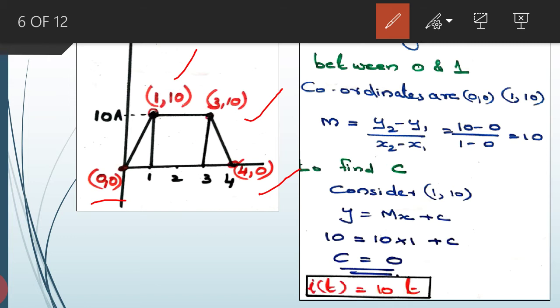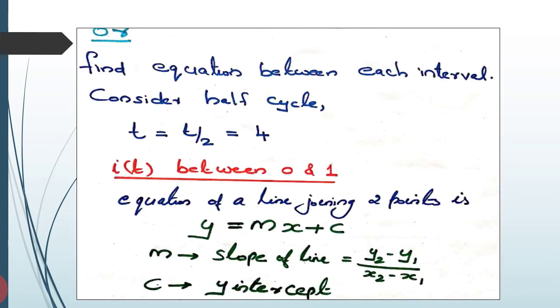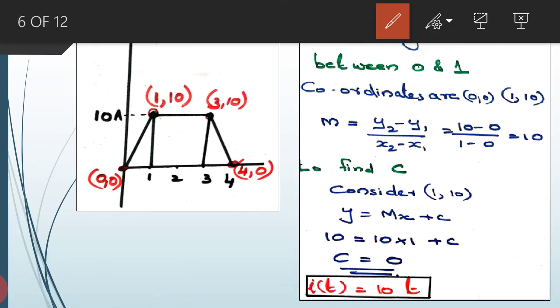Then we find the equation first between 0 and 1. Between 0 and 1, the waveform is a line. So the starting and ending coordinates are 0, 0 and 1, 10, noted here.